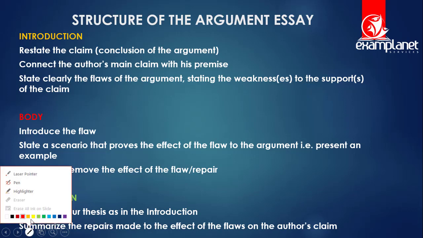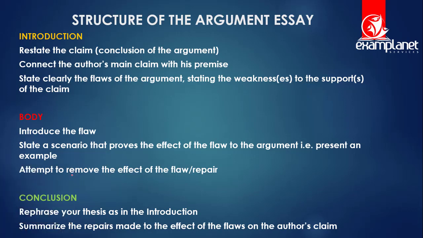So very important. Remember that you have to remove the effects of the flaw. Very important that you do that. You have to do that. Okay, so you're letting us know what the author should have considered in order to make his argument more robust. Okay, thank you very much.